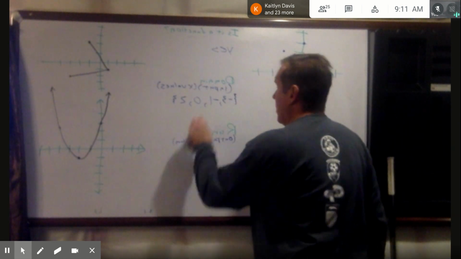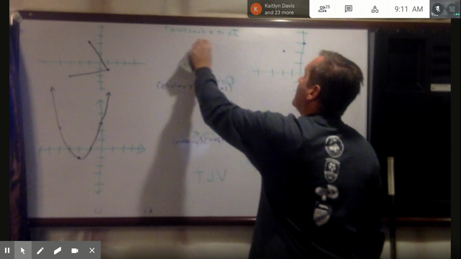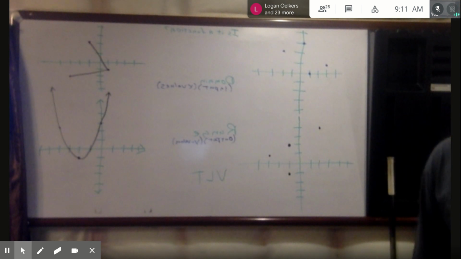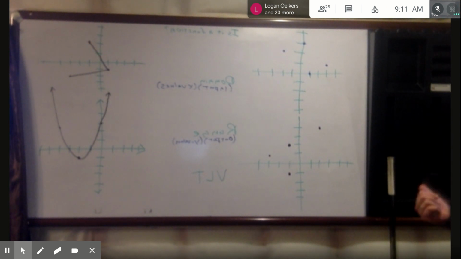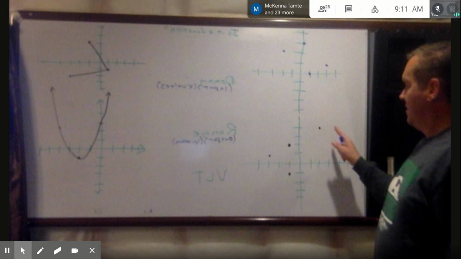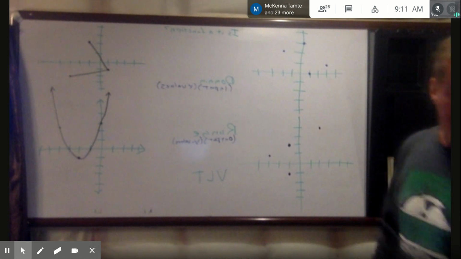So now we're down here in the lower left. Is it a function? Domain, range. 4 black dots. If you can't see them, let me know.